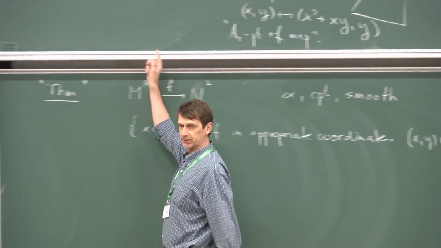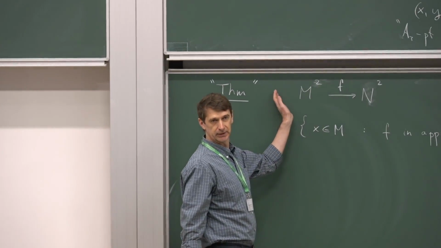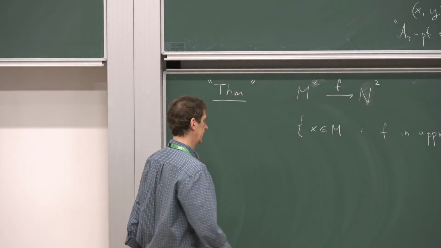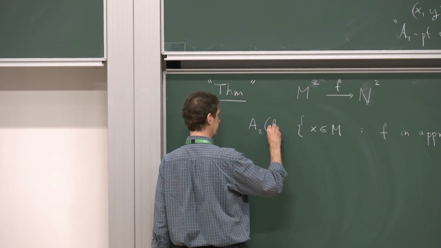So that's what up there I call the A2 points of the map. But now I'm considering it for a complex situation. So let's call it A2 of f.